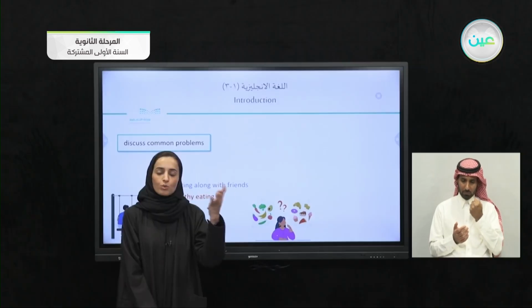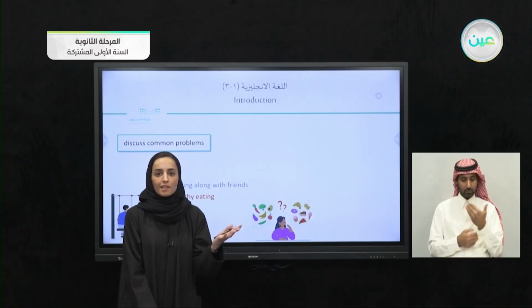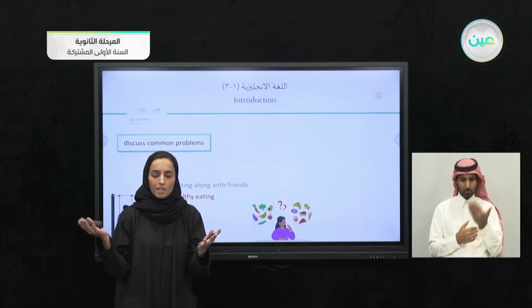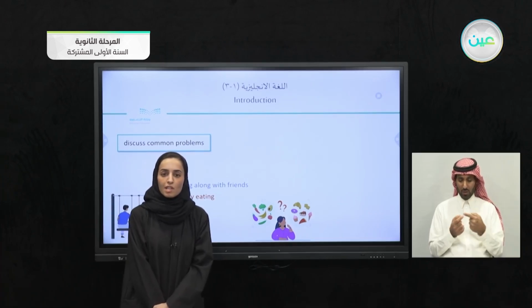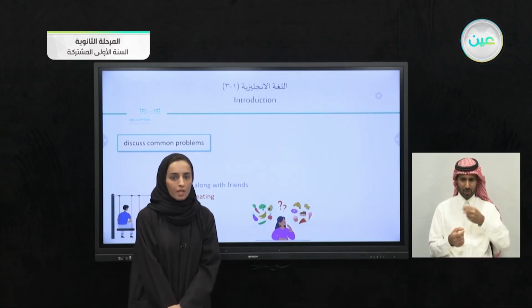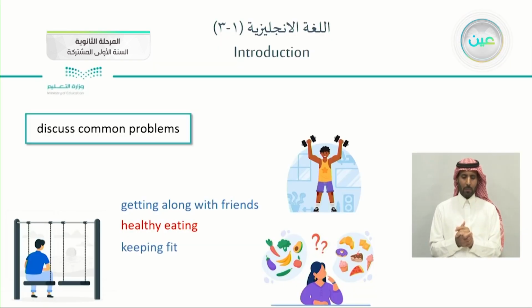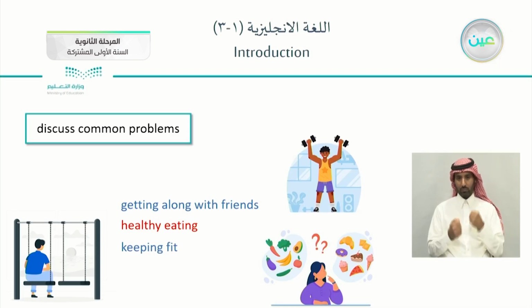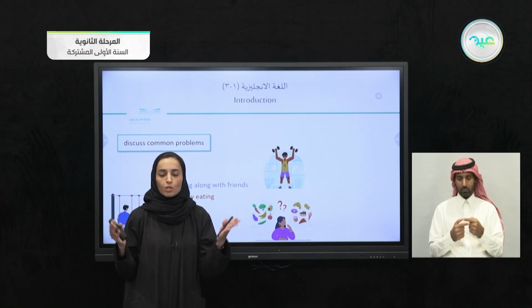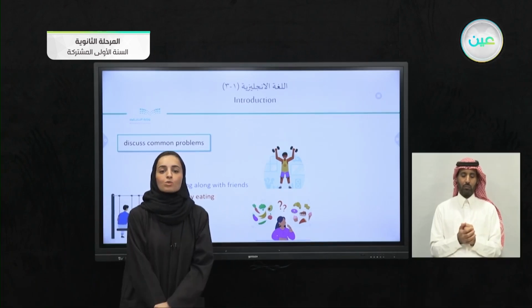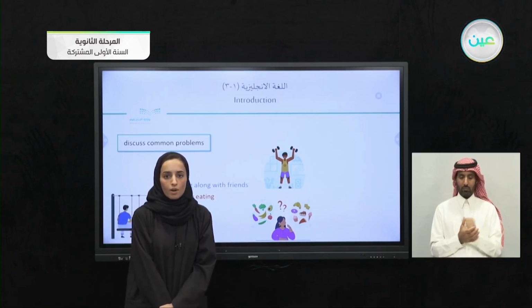I always crave junk food. I like it. And I know that, let's say, fruits and vegetables are healthy, but I don't like them. Then we've spoken about keeping fit, how to be strong, healthy. Strong and healthy is not about how much you weigh, whether more or less, but how strong, how healthy you are.